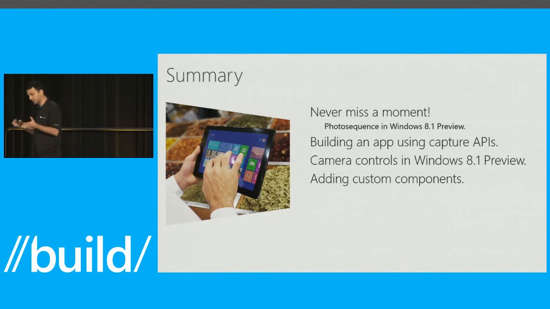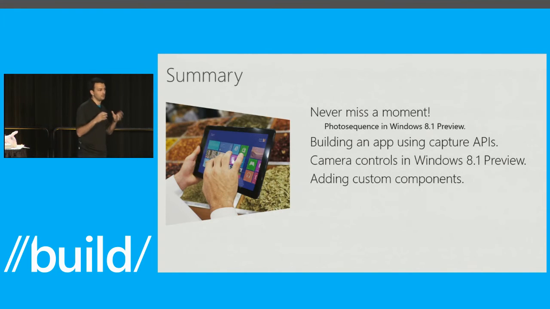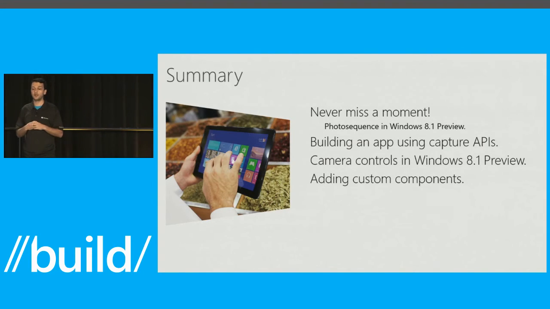And then finally, we talked about custom components and how you would be able to write those. If you're interested in this portion, customizing and extending the APIs, I urge you to check out the media capture sample that we have had since Windows 8 and that is still there, to see how it is done.